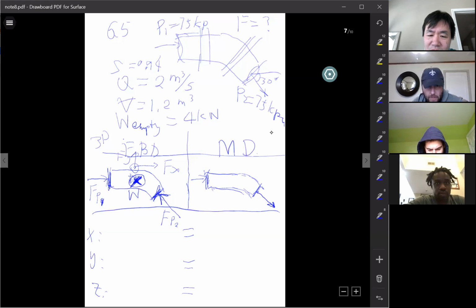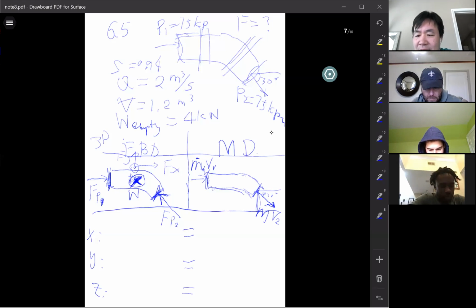Momentum in is m dot 1 v1, and the momentum out is m dot v2, at an angle of 30 degrees. Eventually you need to separate the momentum into x and y directions for your calculation.